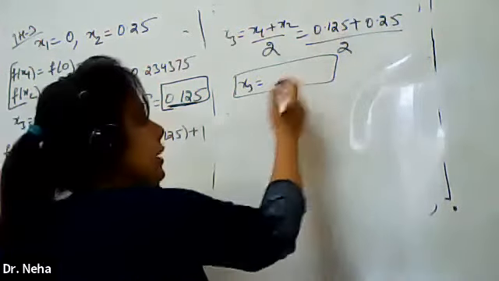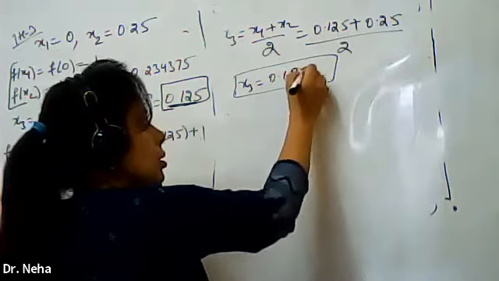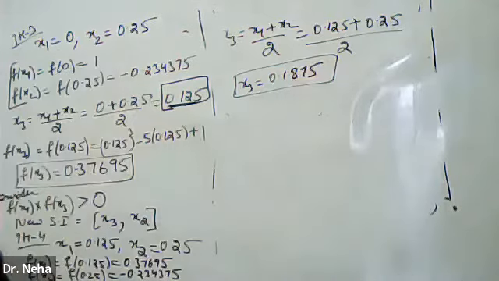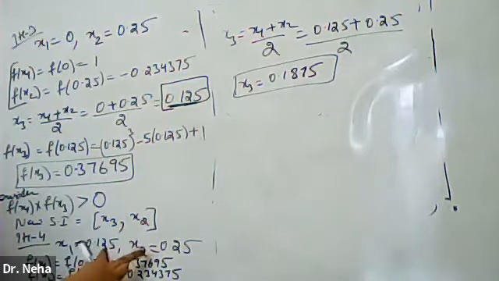That will be out of the range. Your x3 will always lie in between x1 and x2. Please remember, please note it down. x3 always lies in between x1 and x2. So 0.03 is outside this range. So this shows you that the value is incorrect. Clear?